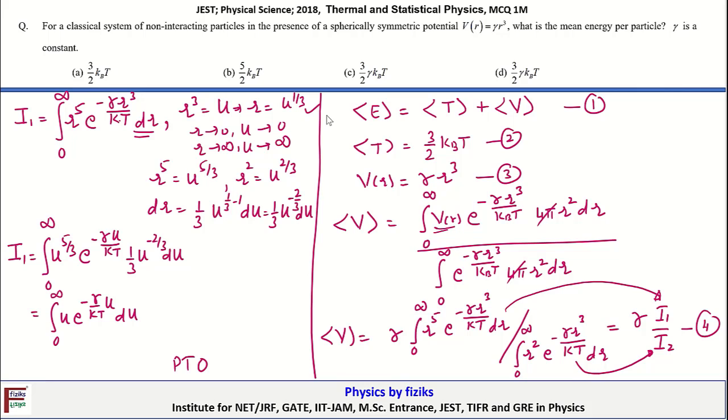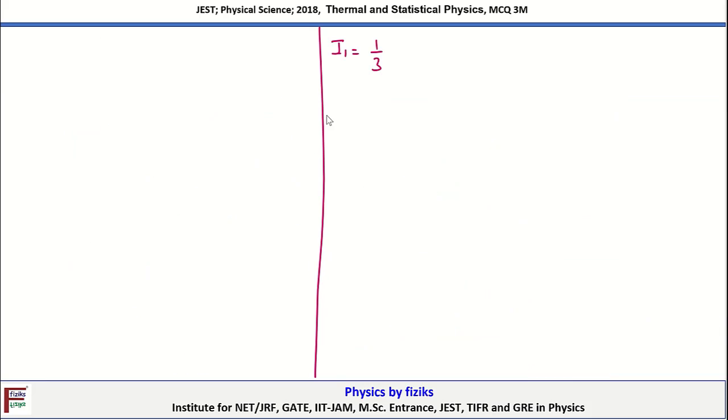Yes, it should be 1/3 here. So 1/3 outside, and then integration by parts: first into integral of second, so that is exponential minus gamma by kT u, divided by minus gamma by kT, with the limits from 0 to infinity, and minus integral of derivative of first, which is 1.